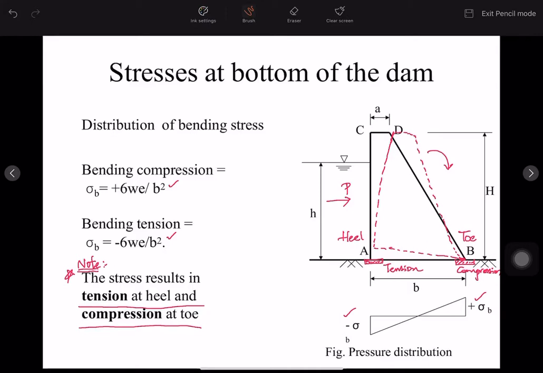So with this, we have calculated different stresses, direct stress and bending stress. As these two stresses are developing in the dam material itself, we'll be having a combined effect of these two stresses. That we will see now.